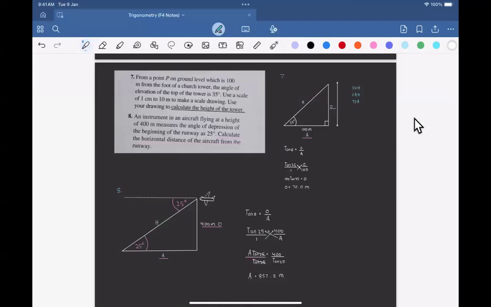What about it makes it ugly? You can't use trig ratios. Exactly, you're right. It's not a right angle triangle.